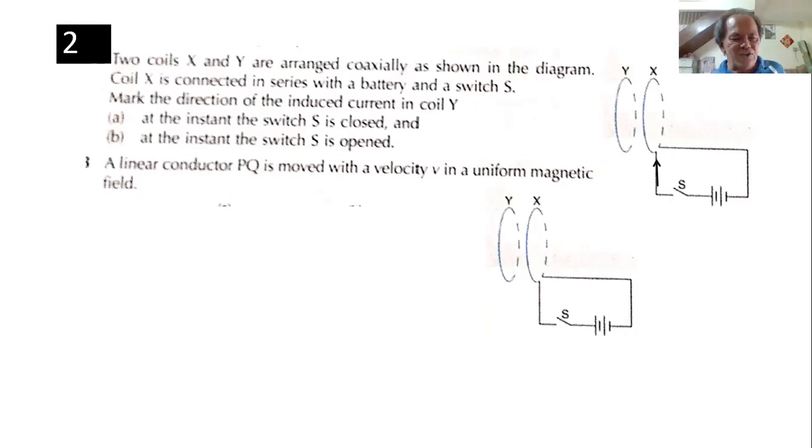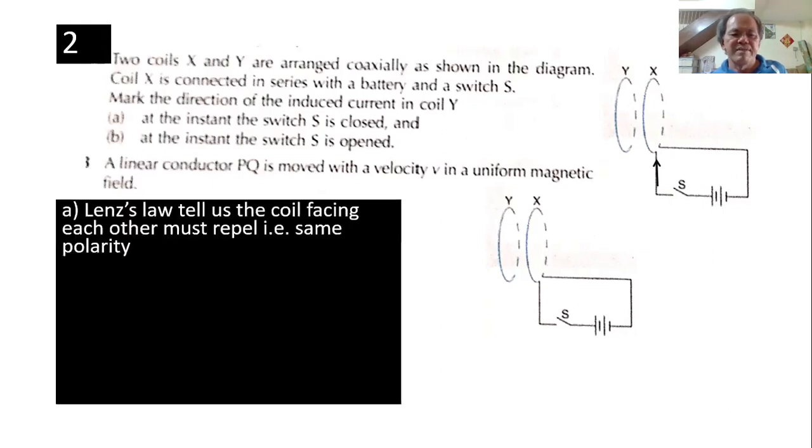Why do you say it's anti-clockwise? You are applying Lenz's law, that's all. Lenz's law tells us that the coils facing each other must repel, so they must have the same polarity.